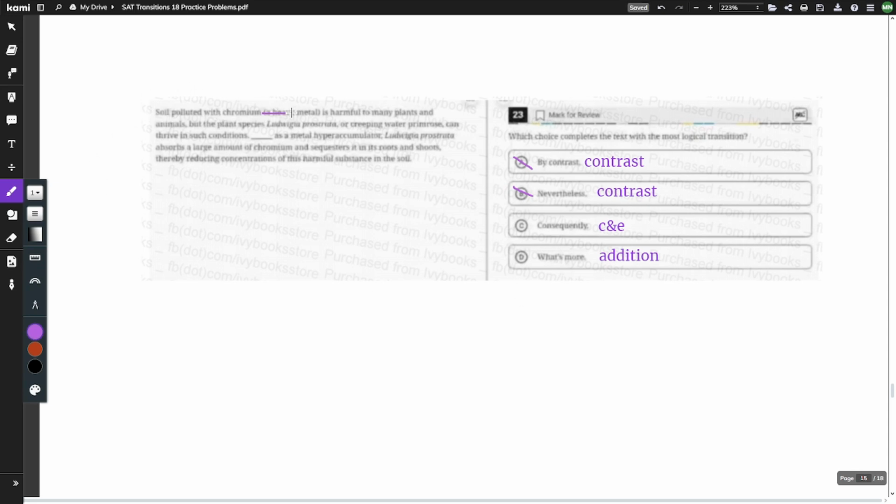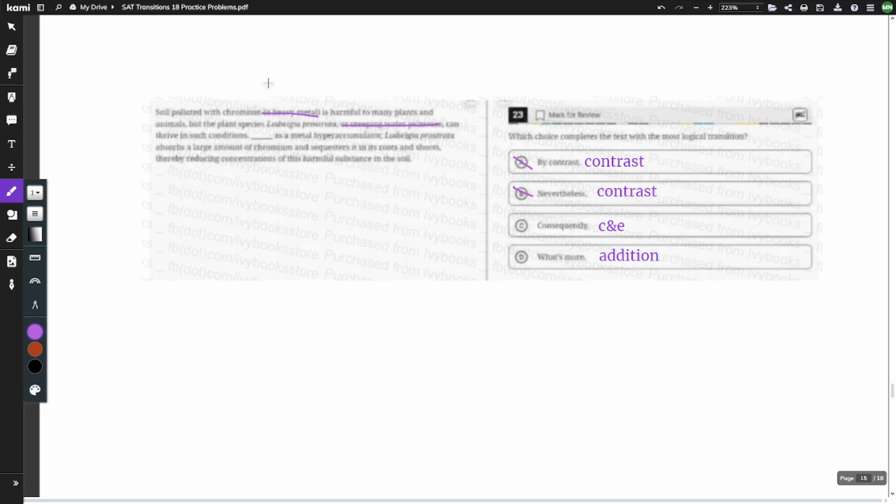Soil polluted with chromium is harmful to many plants and animals, but the plant species can thrive in such conditions. As a metal hyperaccumulator, this plant absorbs a large amount of chromium and sequesters it in its roots, thereby reducing concentrations of this harmful substance in the soil.